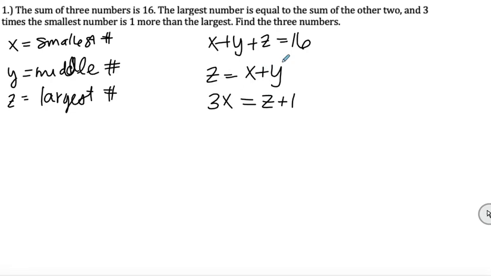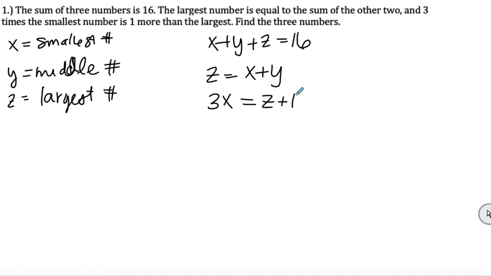What's really cool about these 3 equations is I already have z by itself in one of them. I do have though, and in this bottom equation, I don't have a y. So I would want to eliminate x. Well, I'd want to eliminate y, excuse me, with the top 2 equations.